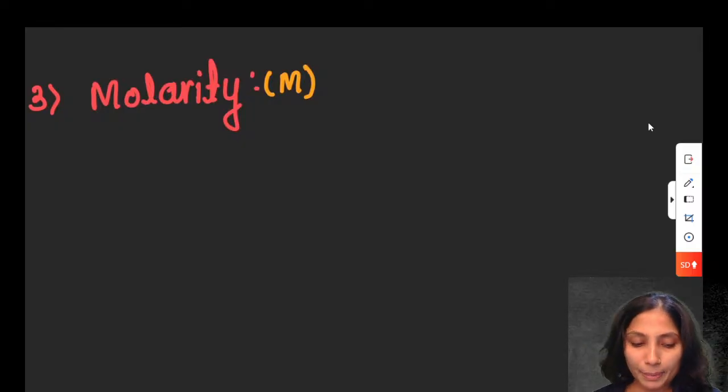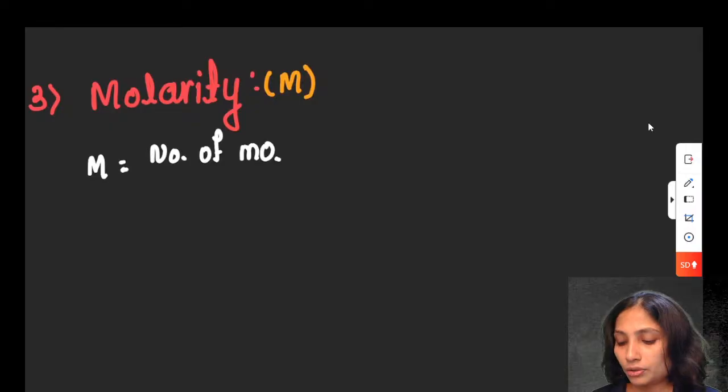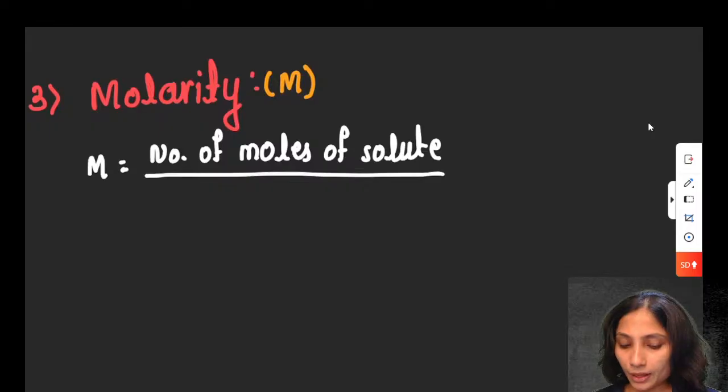So I can represent it like this. Molarity is equal to number of moles of solute divided by volume of solution in liter.